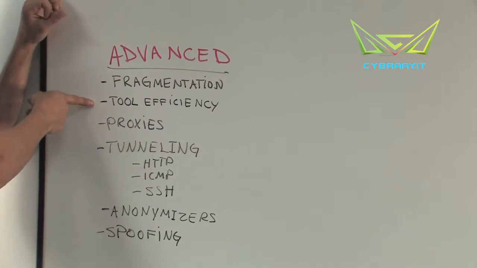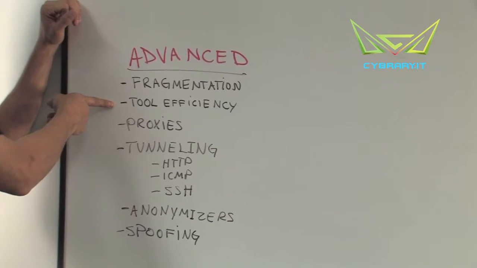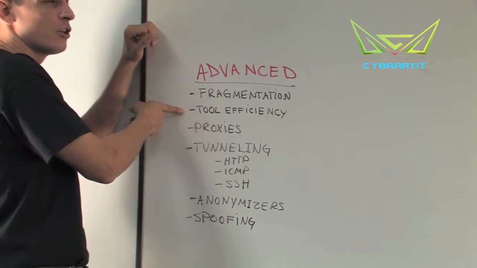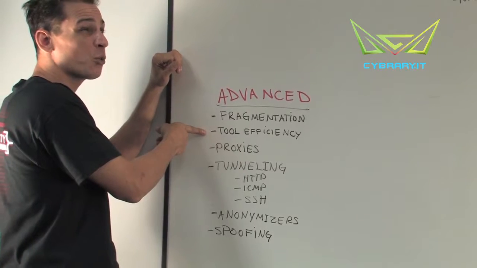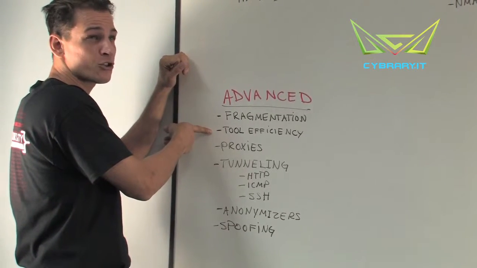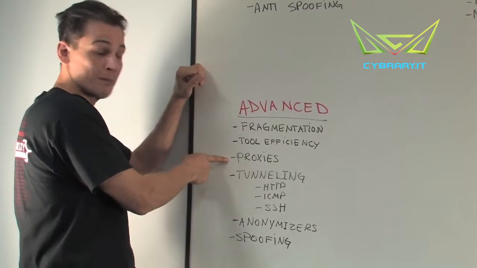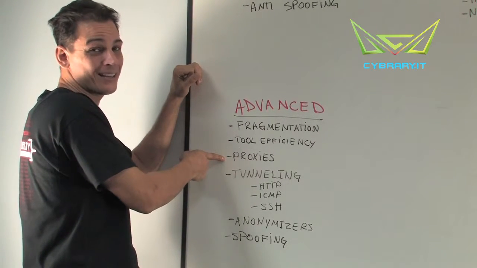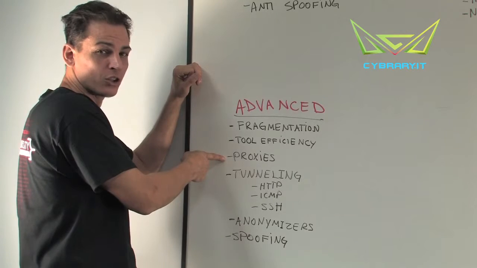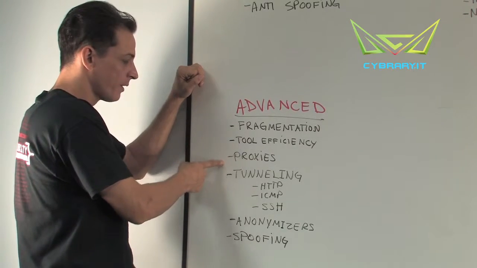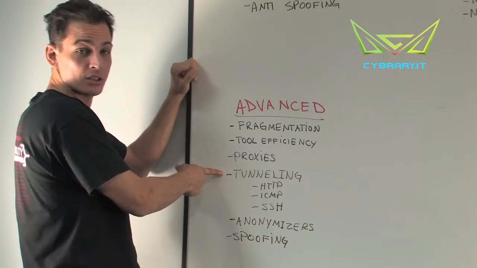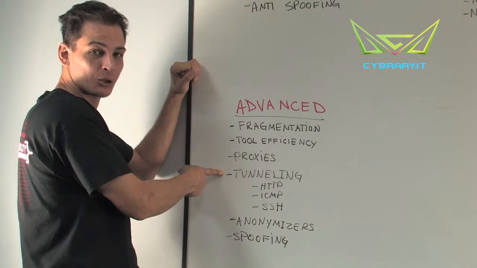Also, tool efficiency, being able to write out command line options so that your technique does exactly what you want it to do and captures your results in the most effective and efficient means. Using proxies to basically hide us as the source, so that our target doesn't know who we are. Also camouflaging, tunneling, or encapsulating our traffic.